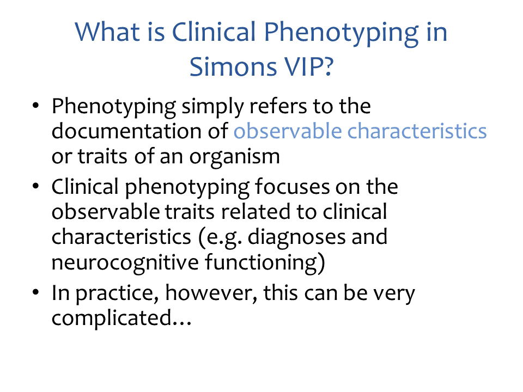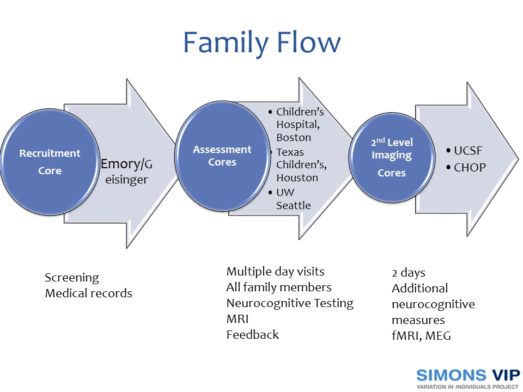So we try to address and control for these by doing a lot of different things. The first thing we did was make sure we had multiple day visits. On this slide, I'm refreshing our minds about what that looked like in the Simons VIP study.